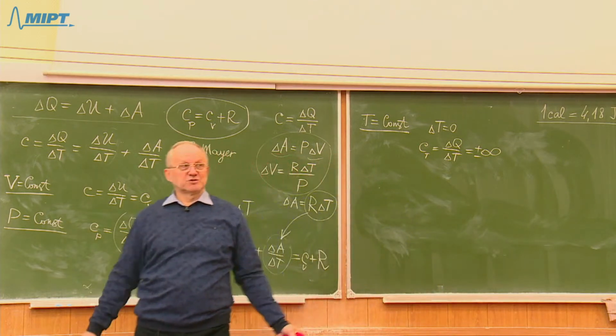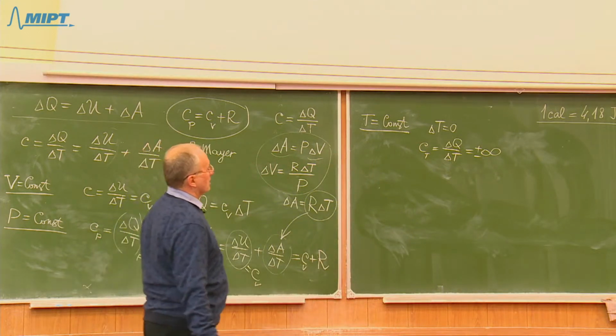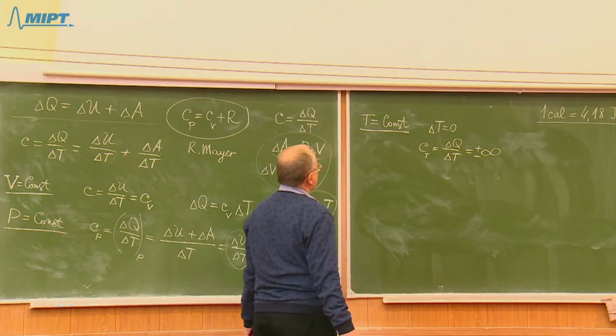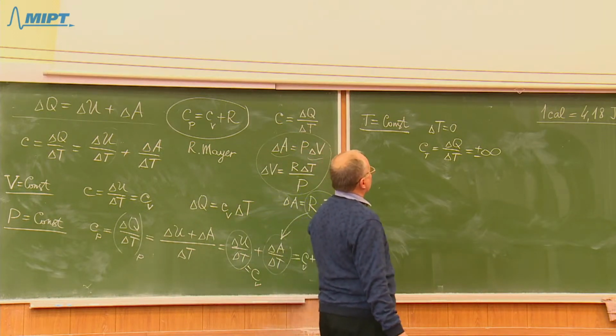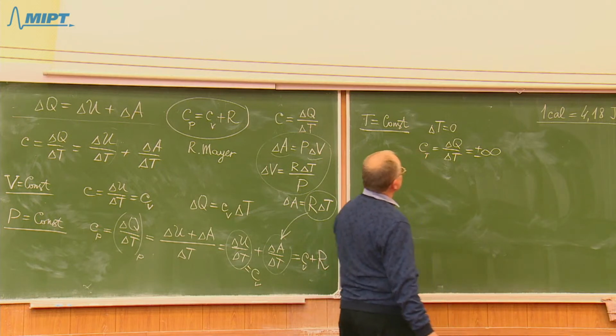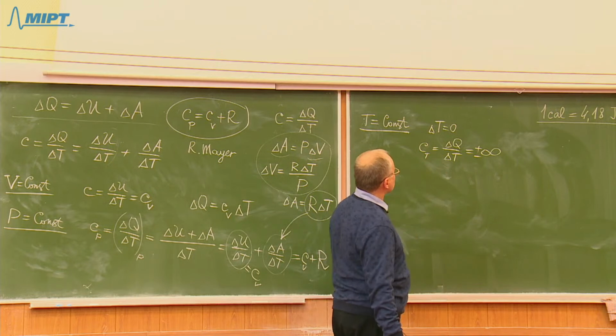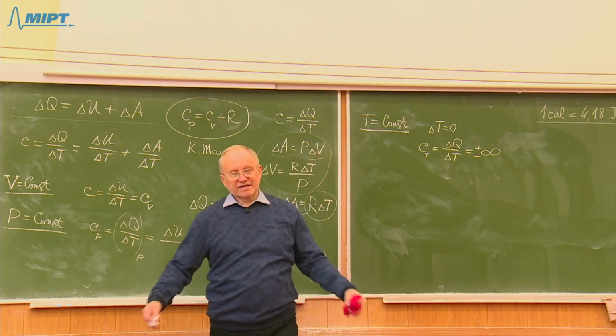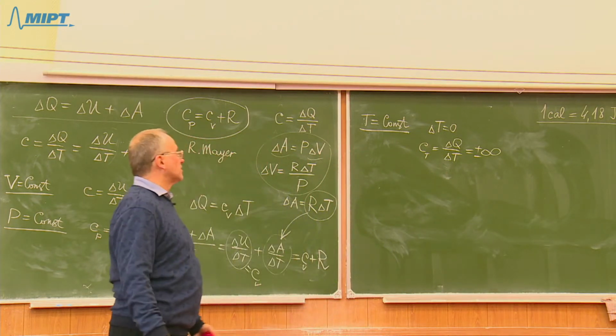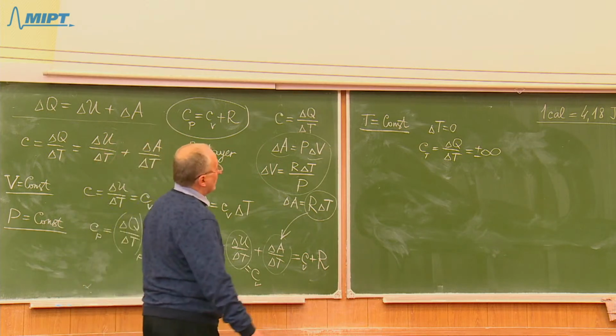So it may be very large, but it will always be finite. So the heat capacity of an ideal gas and of any object under such conditions will be, well, we say infinite, but practically this is a very large number, certainly, but finite.